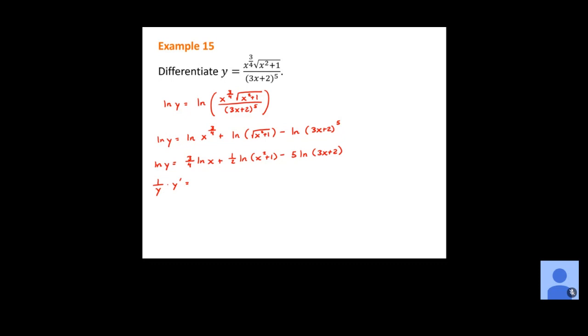Now let's go to the other side. We have 3/4 times the natural log of x. What's the derivative for that term going to give us? All right, so we're going to have 3/4.